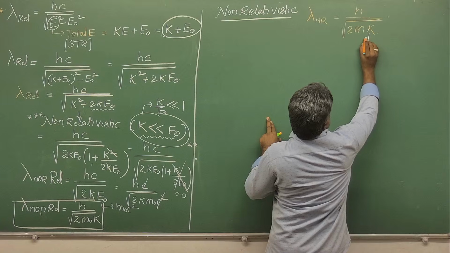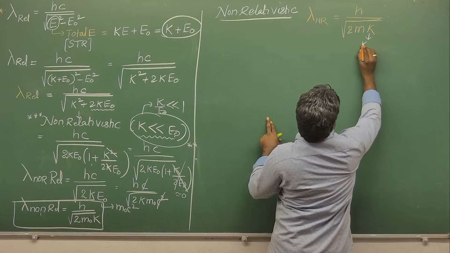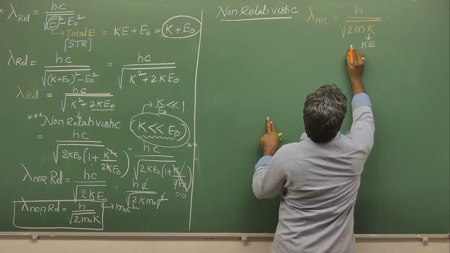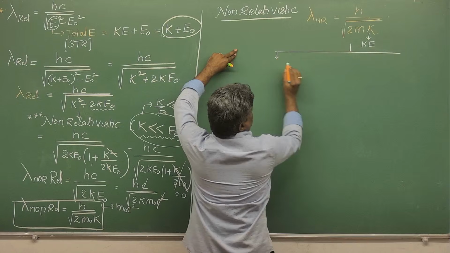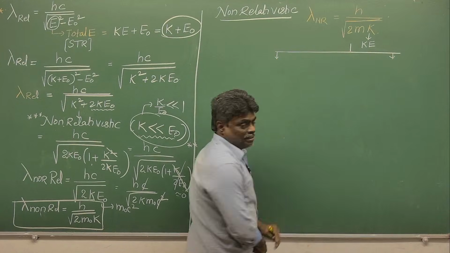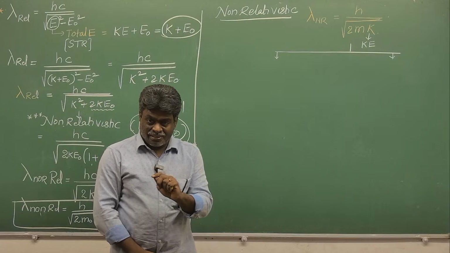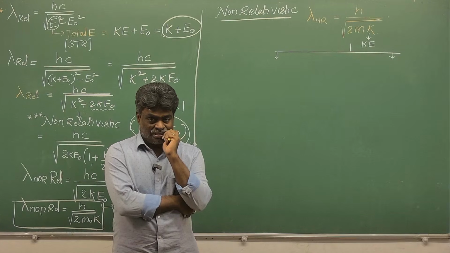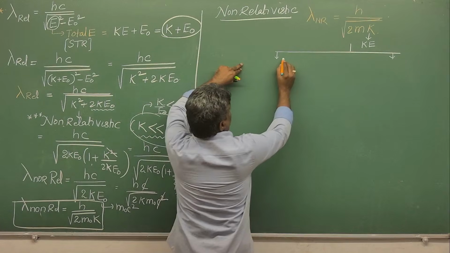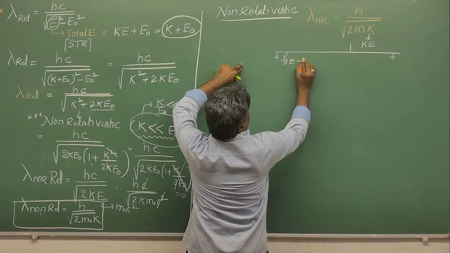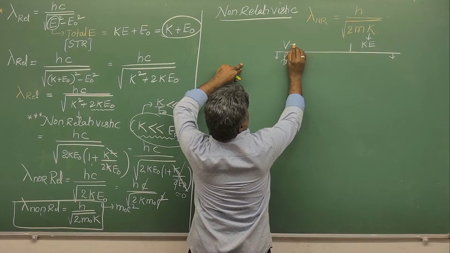What is this K? K is not the total energy, it is the kinetic energy. Now, for example, I told you in the last class, in quantum mechanics there always exist two kinds of particles. One is a free particle, another is a bound particle. Now I am taking a free particle. Could you please tell me what is meant by a free particle?